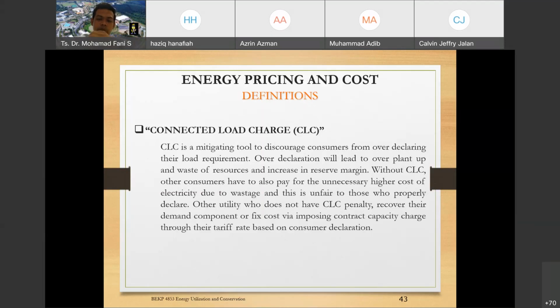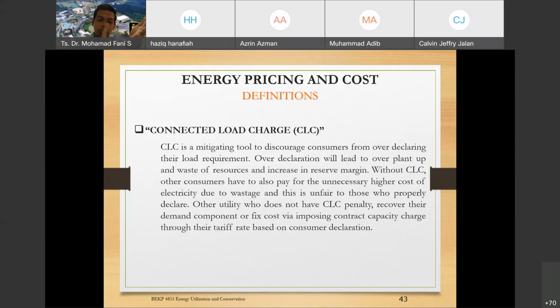Okay, so let's say that the power required to power up the buildings is around 5,000 kilowatt.